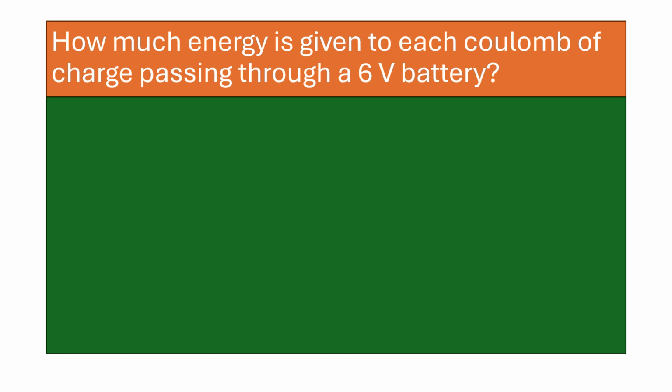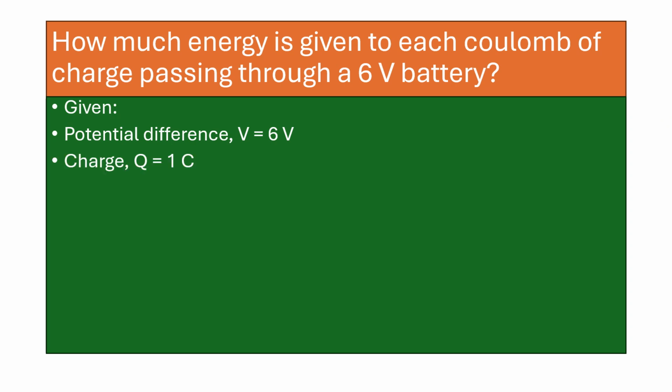How much energy is given to each coulomb of charge passing through a 6-volt battery? Now, a very important part when you're doing physics, you need to write down what is given. So what is the potential difference here? 6 volt. What is the charge given? 1 coulomb. Now they have asked how much energy is given to each coulomb. So here we consider charge as 1 coulomb. What is the formula we are going to use here?